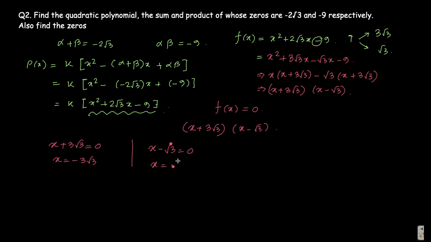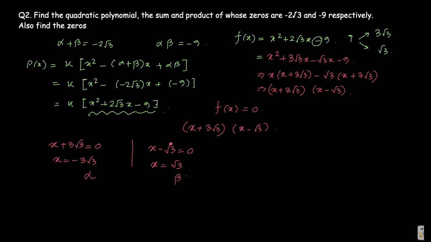These are the two desired zeros, alpha and beta. So the answer is: the polynomial is x square plus 2 root 3x minus 9, and the zeros are minus 3 root 3 and root 3.